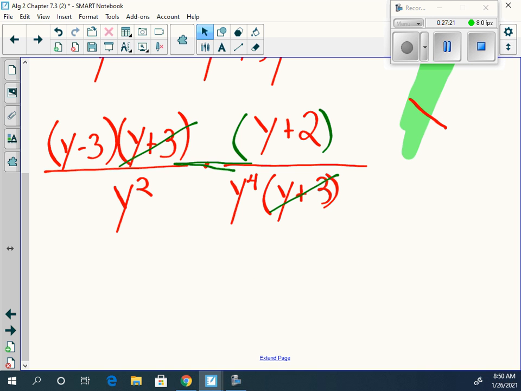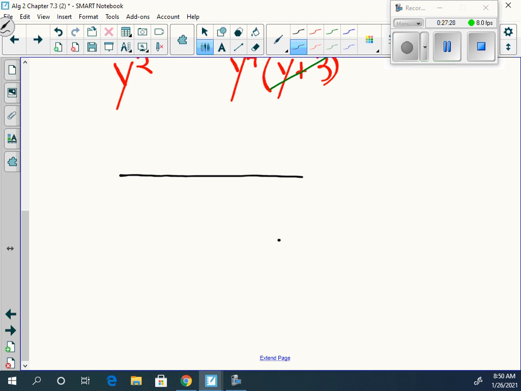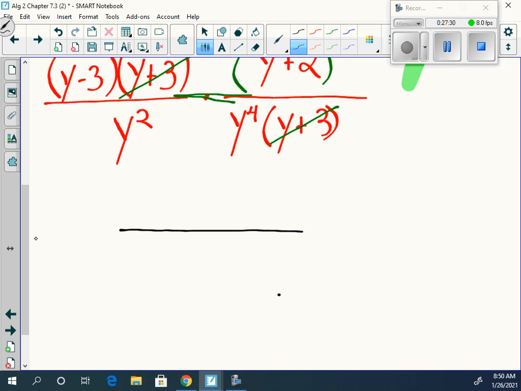But on bottom, on top and bottom, yes. Right, because y squared times y to the 4th would give me y to the 6th. So we can combine those. We can't simplify them out. They won't eliminate out because they're on the same side. They're both on bottom.